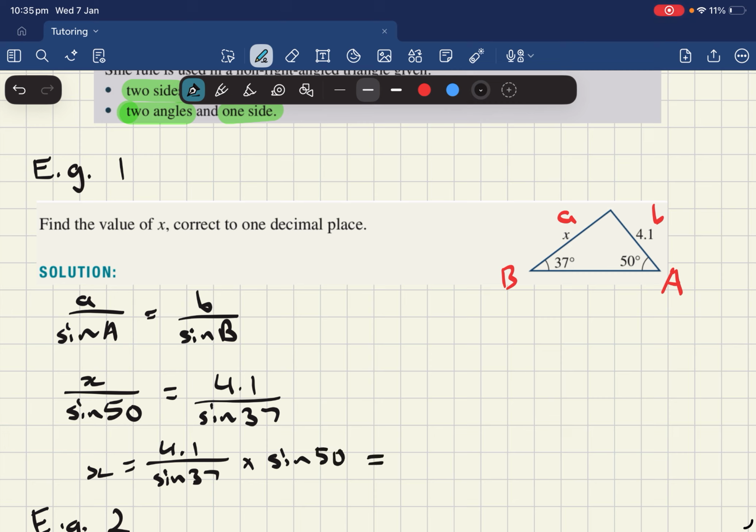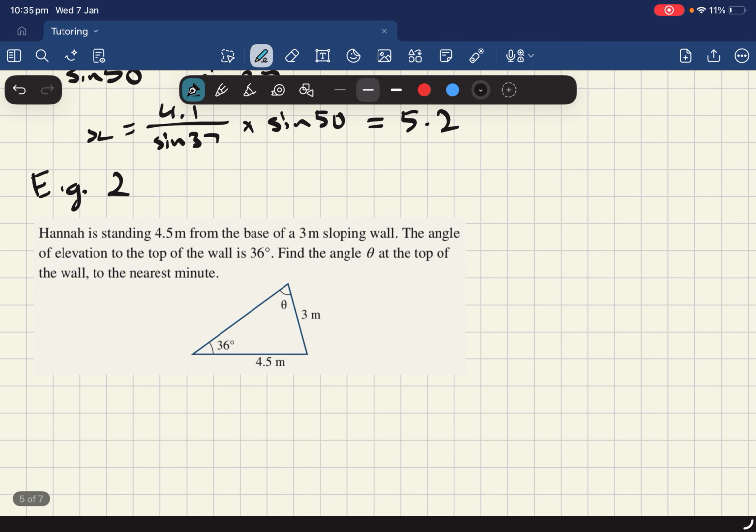Once I have x on its own here, all I want to do is write it into my calculator, and then it will give us an answer. We want to round this to one decimal place. So this should give you 5.2. And they haven't given you a unit here, so we can just leave it like this. So this is how we can use sine rule to find the length of an unknown side.